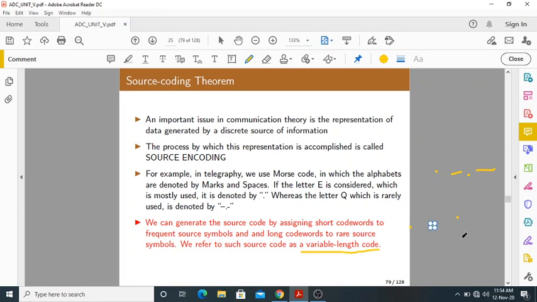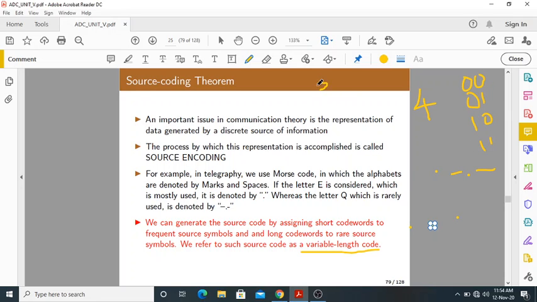Generally, you might have studied like this. Suppose you have 4 symbols. How to generate 4 code words? We use 2 bits in each symbol. What are they? 00, 01, 10, 11. You want 4 code words, you can generate them by using 2 bits.